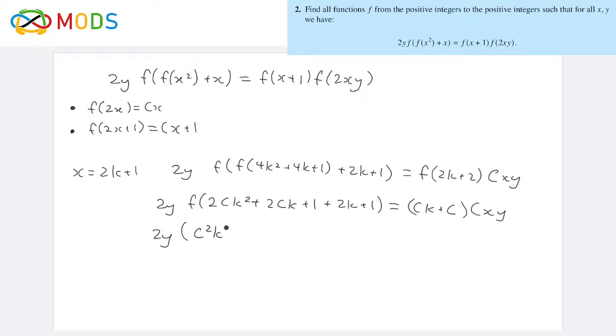Yeah, c squared k squared plus c squared k plus c plus ck, right? Yes. All right, and now I guess we just compare terms.